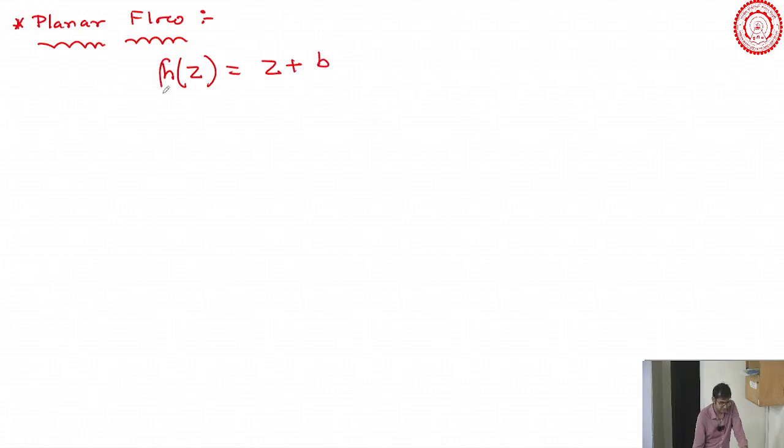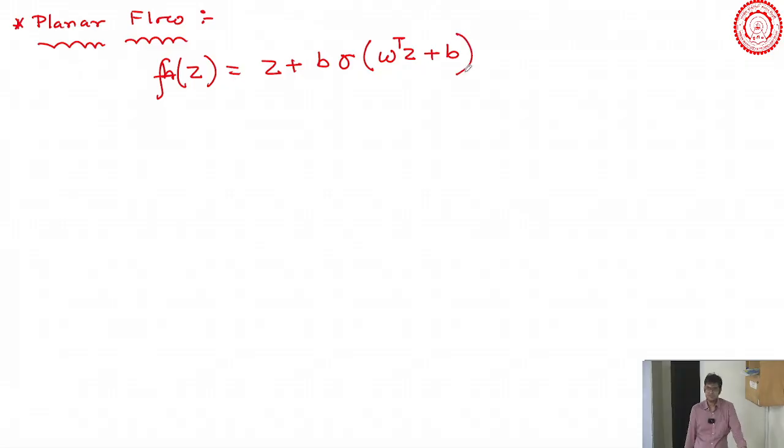Not h, let's write it f, because h means hidden, right? Yes, this is the planar flow model, which is kind of additive.